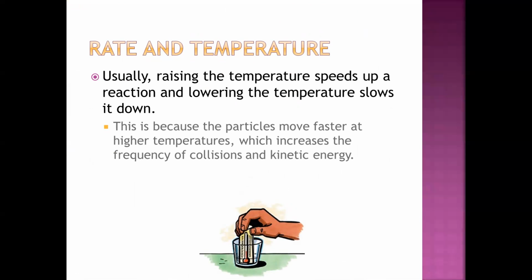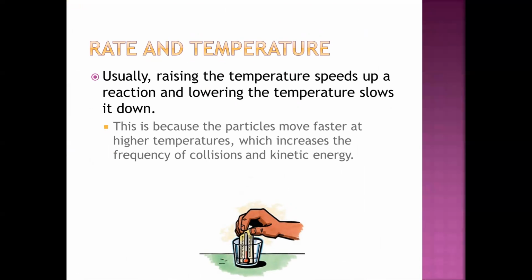We know that usually raising the temperature of a liquid or of a substance will speed up the reaction because of higher kinetic energy, and lowering it will slow it down because of lower kinetic energy. So when you're raising and lowering the temperature, you're changing how fast the particles move.